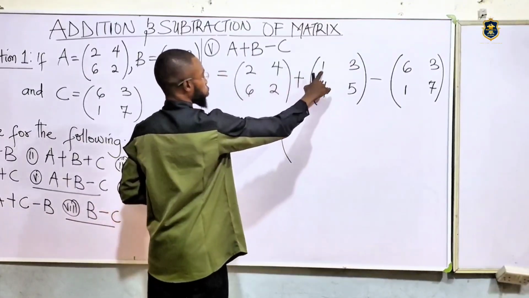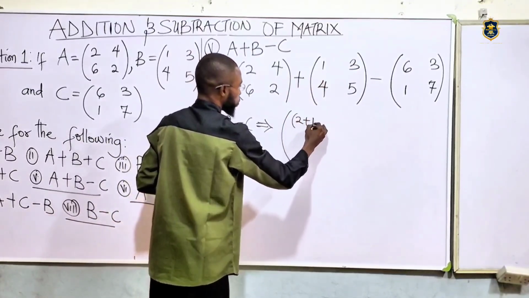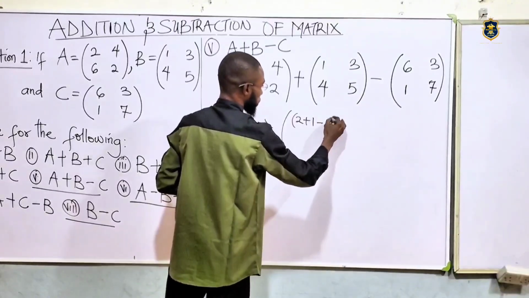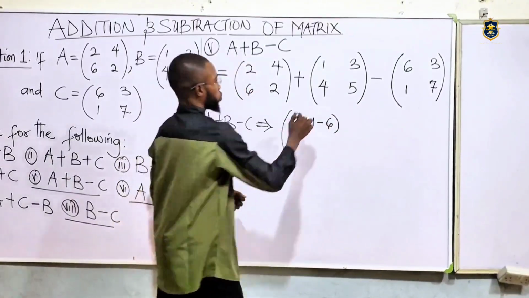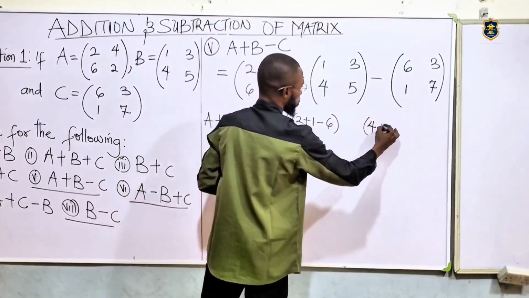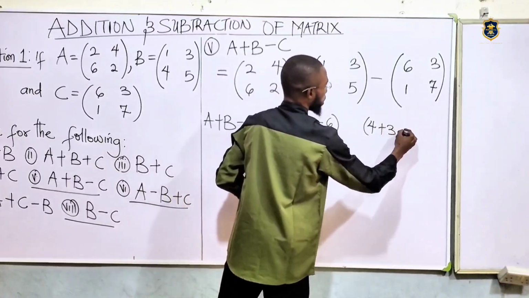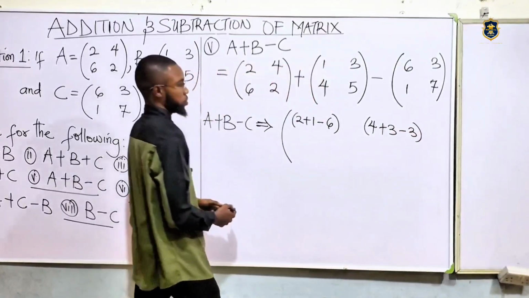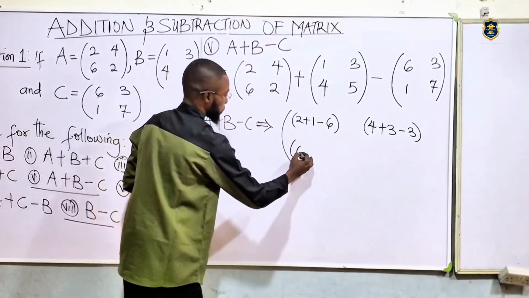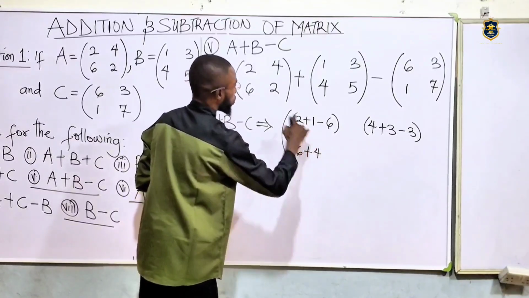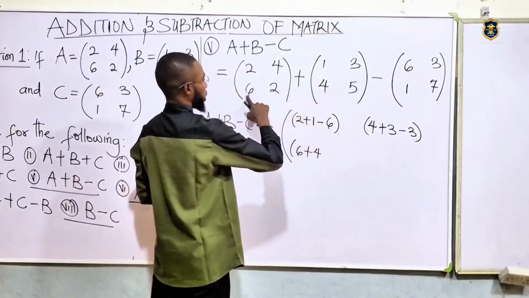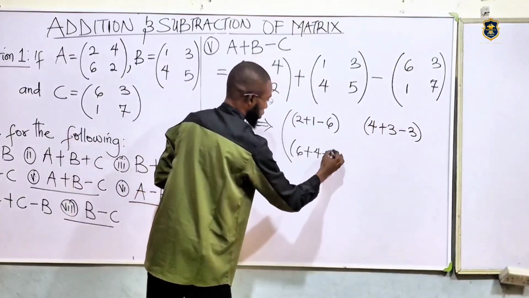becomes 2 plus 1, but minus 6. Also 4 plus 3 minus 3. As well, we're doing 6 plus 4, minus 1, right?